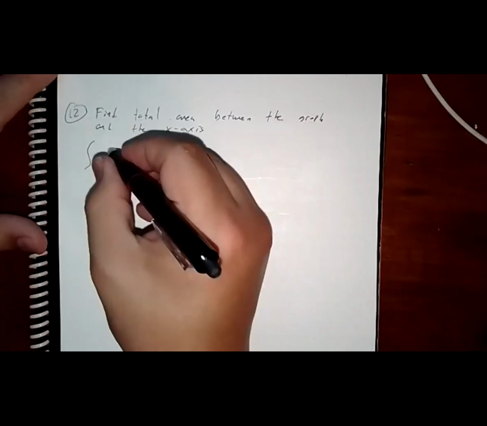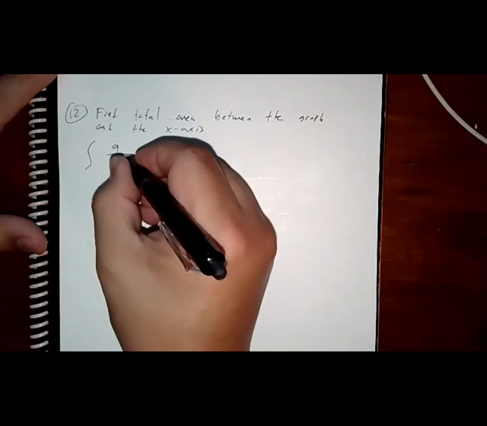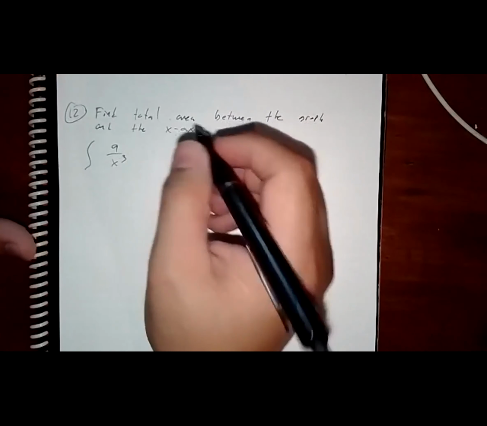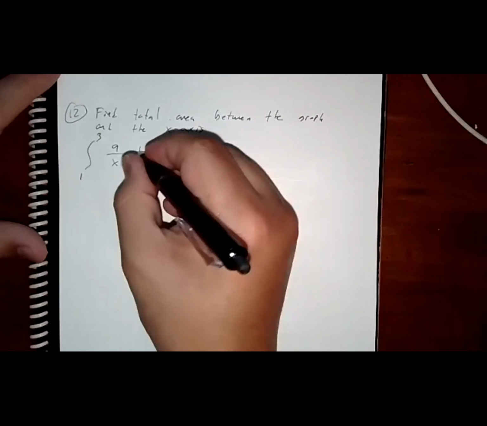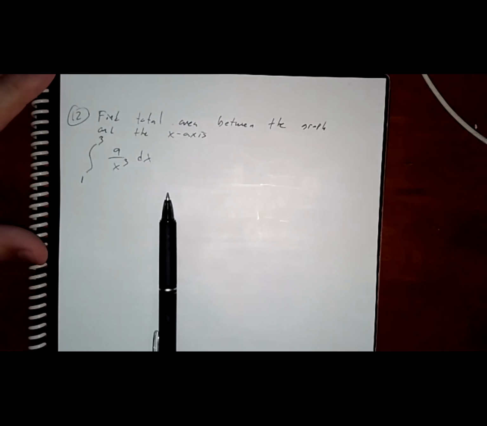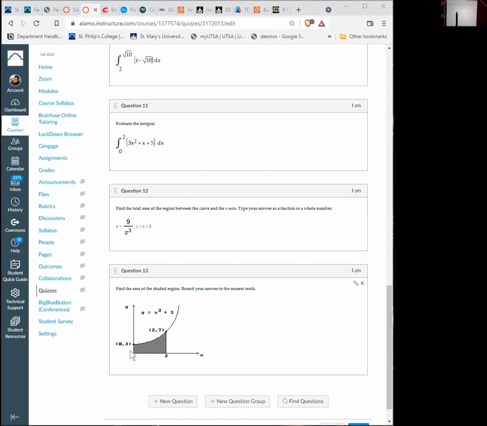So we need to integrate the function 9 over x cubed, and the bounds are 1 to 3, basically. If you were to graph it, it would be like the last question that was shaded. Let me show you. If you were to graph it, you just close it off from 1 to 3. And then you would integrate that section. So you'll get some area underneath this guy. That's all we're doing.